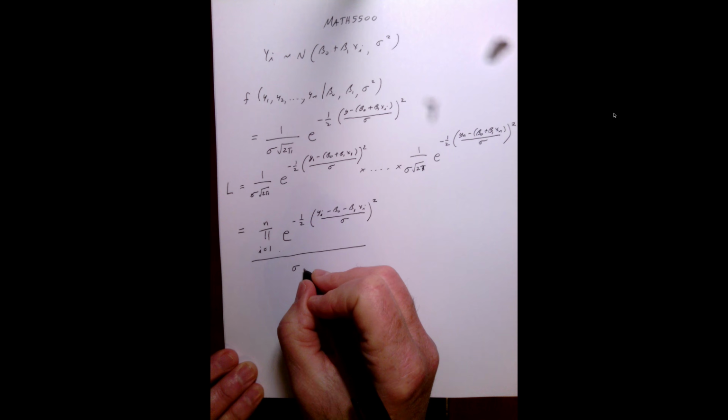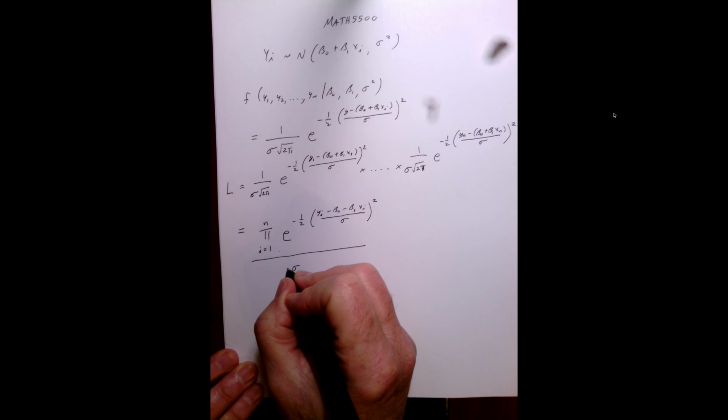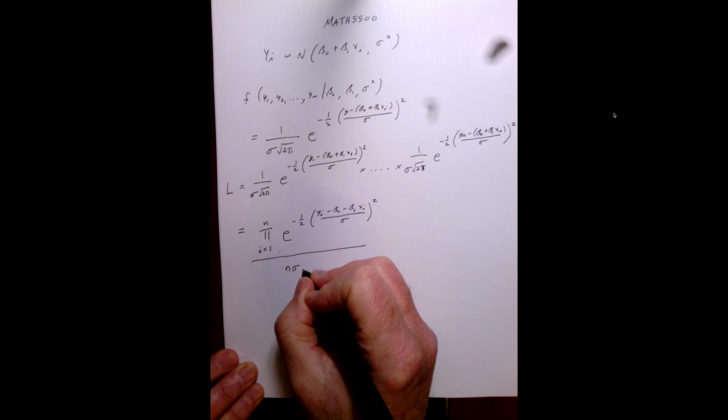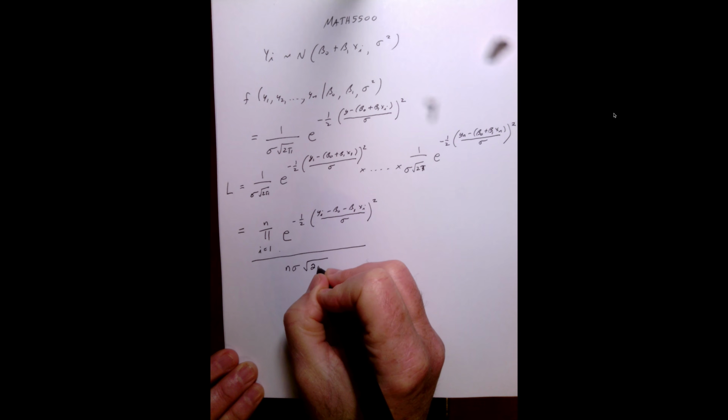If we have the product, we're actually going to have n times sigma square root of 2 pi, right?